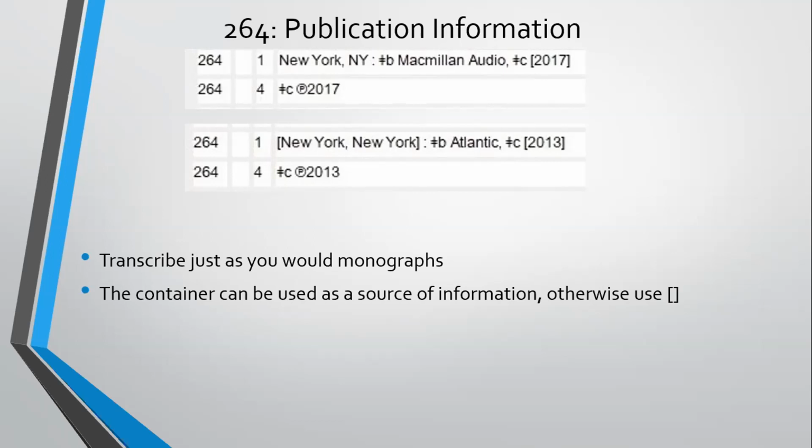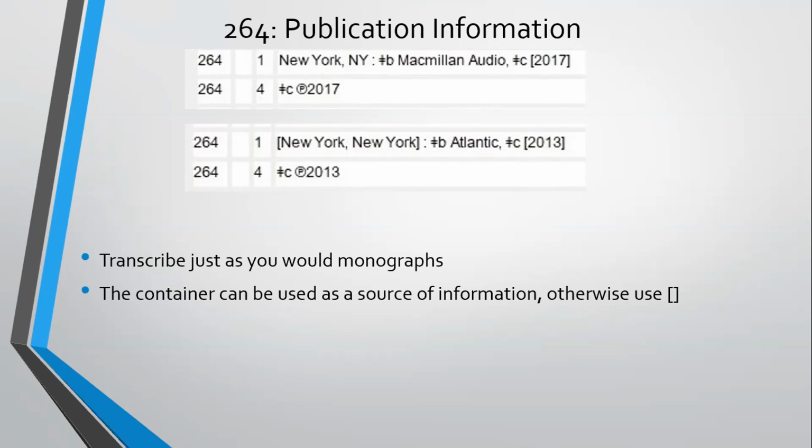So something that MLA also provides guidance for, specifically for audio recordings, is that it can get kind of tricky with publisher names. You can also find trade names or brand names or a label company that's listed on your item.